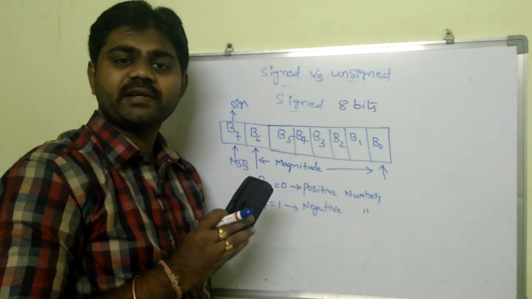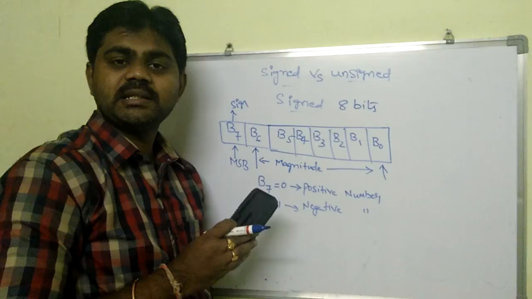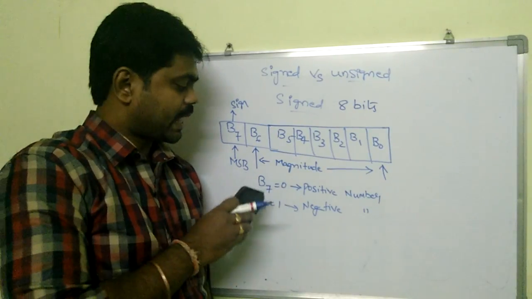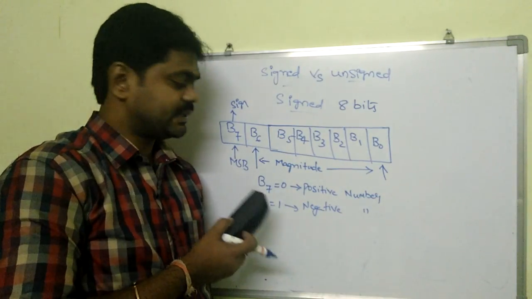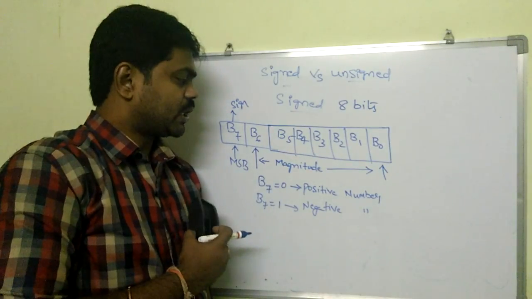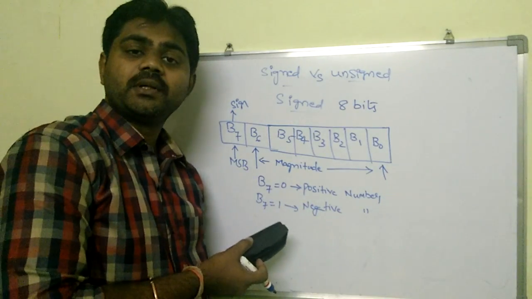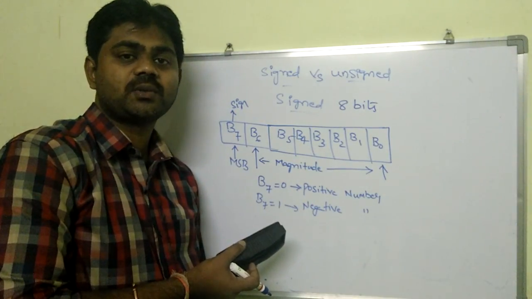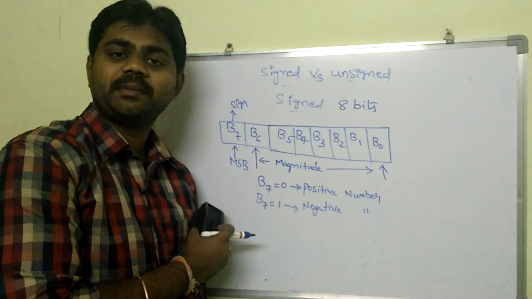If the most significant bit equals 0, then it is a positive number, meaning we should include a plus before the number. And if B7 equals 1, then this is a negative number. So these numbers can specify a sign, positive or negative. This is signed magnitude, or signed bit numbers.